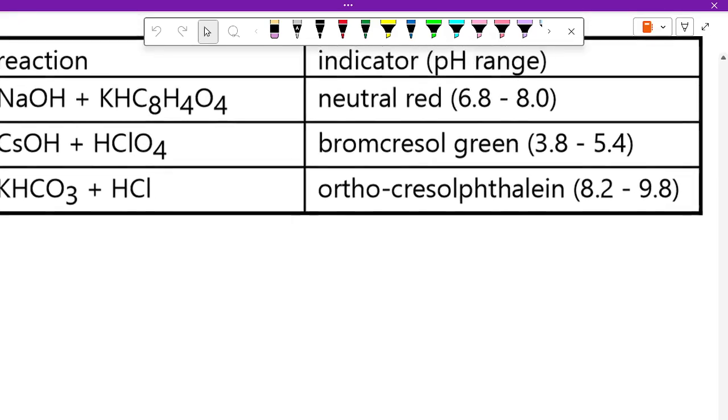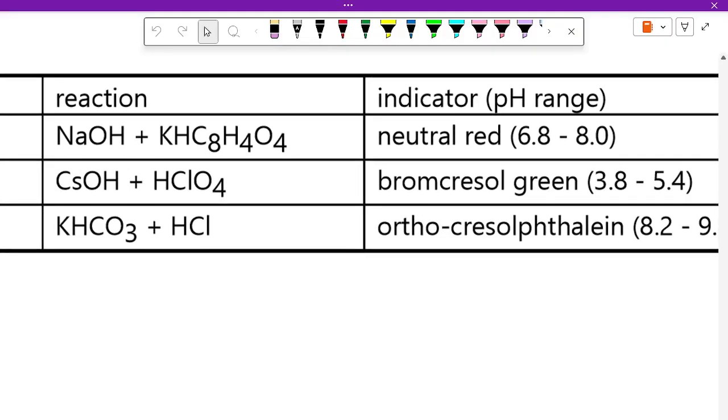All right, so what we've got is a strong base and a weak acid.